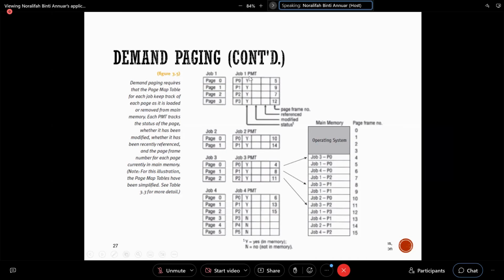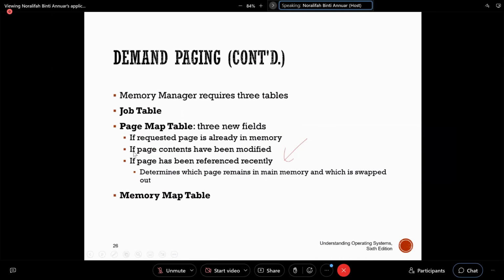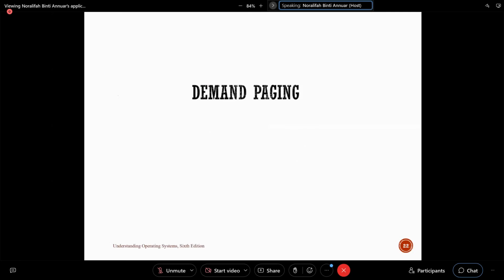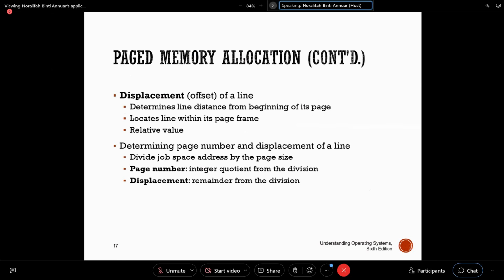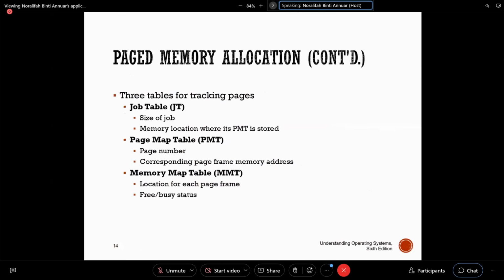Okay, for demand paging, dia ada extra information as compared to page memory allocation. Page memory allocation tadi very basic kan? Dalam page memory allocation, PMT only contains page number and corresponding page frame memory address.